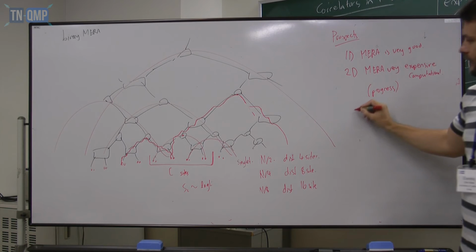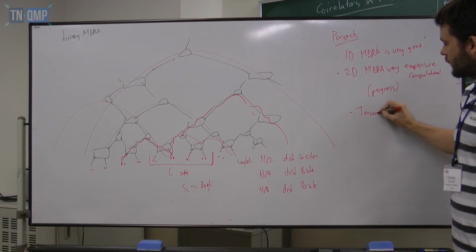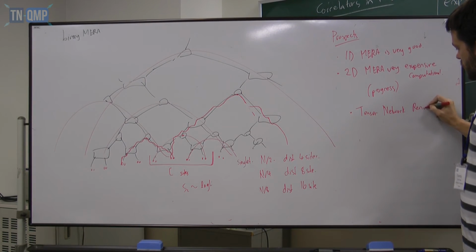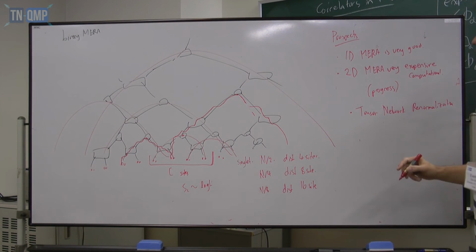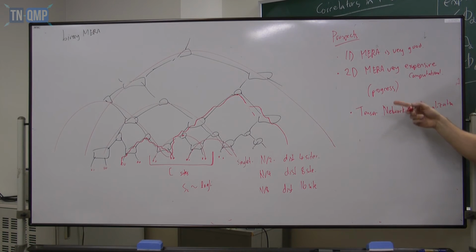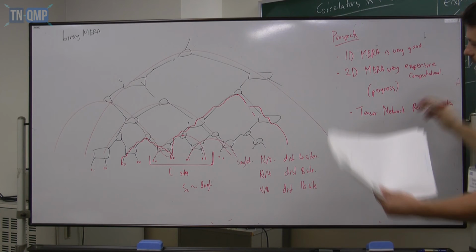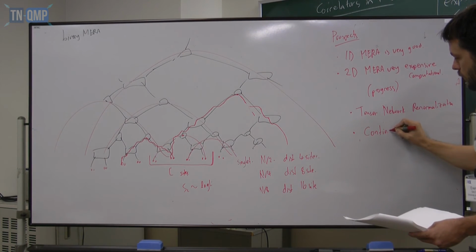Some of this is, for instance, tensor network renormalization that I didn't get to talk about. Some of this is progress to doing MERA more efficiently, and putting MERA in this framework of path integrals or partition functions, where you can do things better than you can on this sort of lattice formalism.